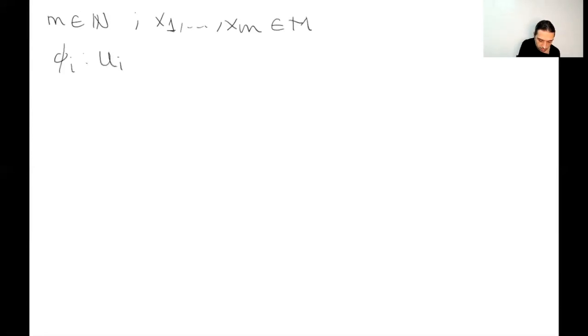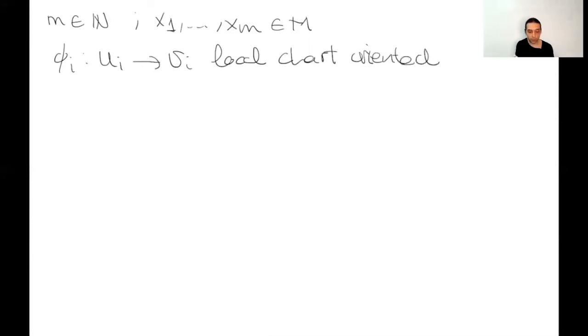This is going to be an oriented local chart, and we're going to require that the image of the local chart is the whole R^n.